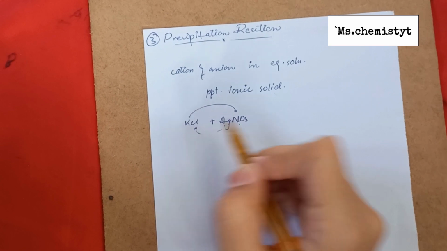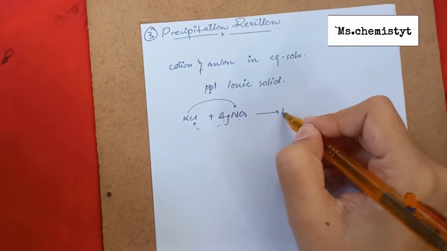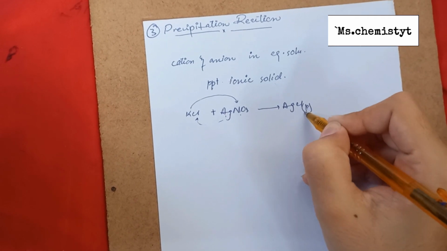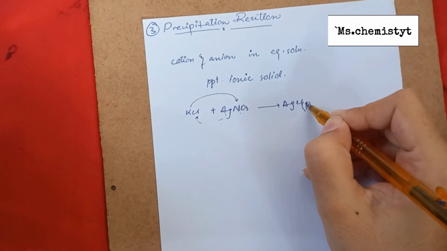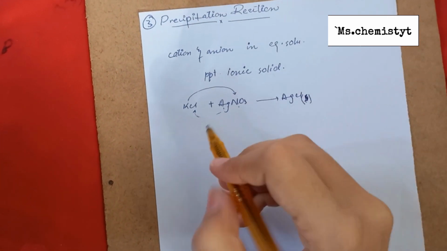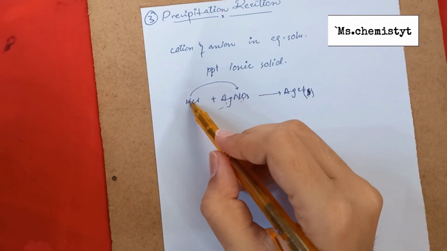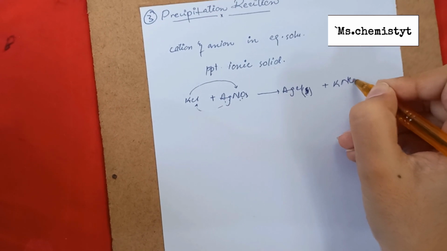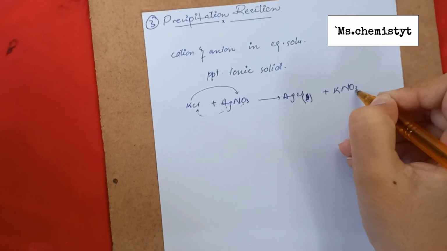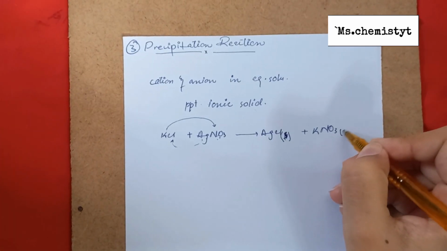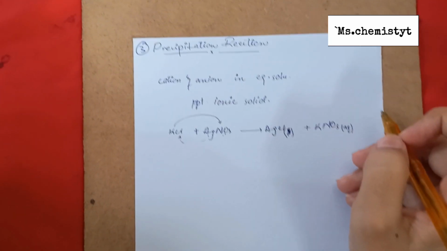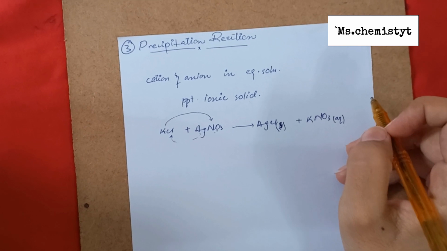The silver chloride will form the precipitate, or we can denote it by solid, and the remaining potassium nitrate will be in aqueous solution.